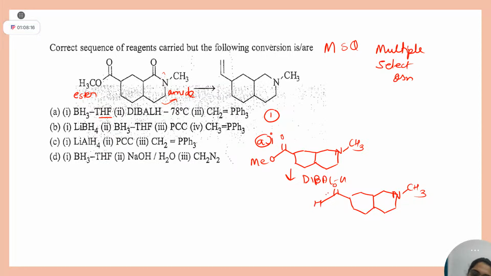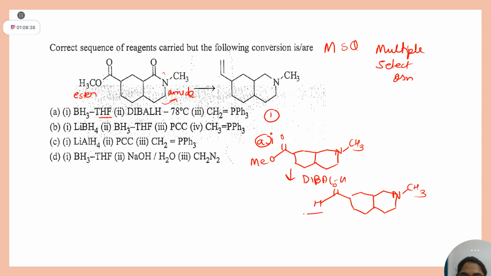Should I tell you the mechanism? Coordination of this oxygen with aluminium, delivery of hydride, it will come back and knock off this OMe. It will result in the aldehyde. And you will get this aldehyde.